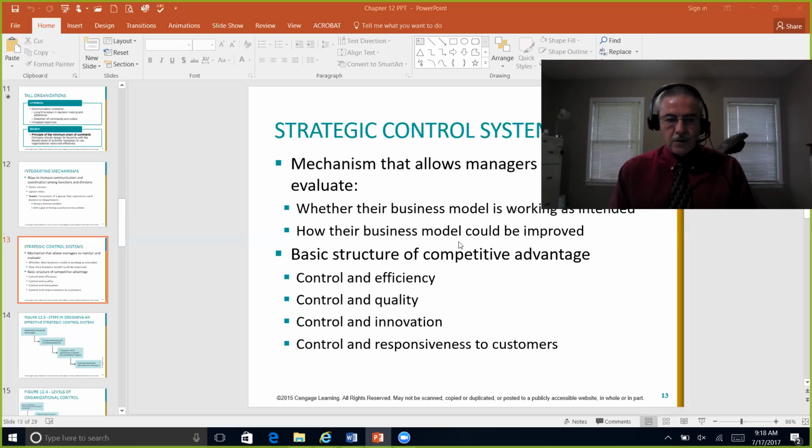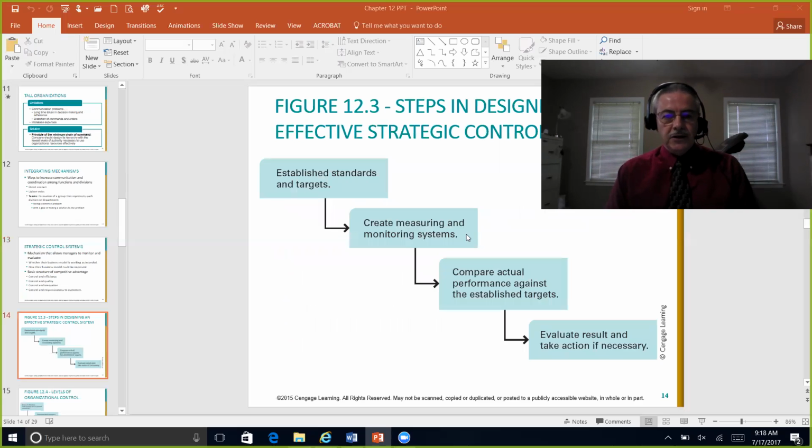So how they go about developing this basic structure for competitive advantage really depends, again, on the type of organization that it is. But one way to look at it here is the steps in designing an effective organizational structure.